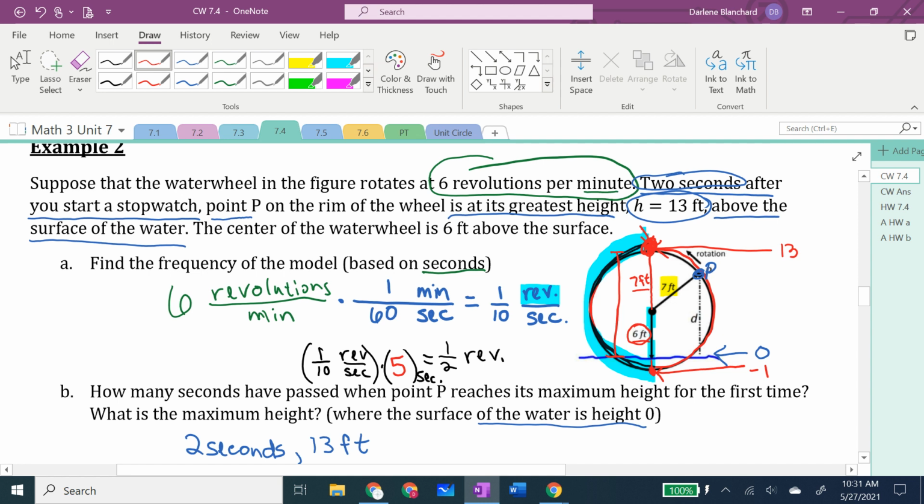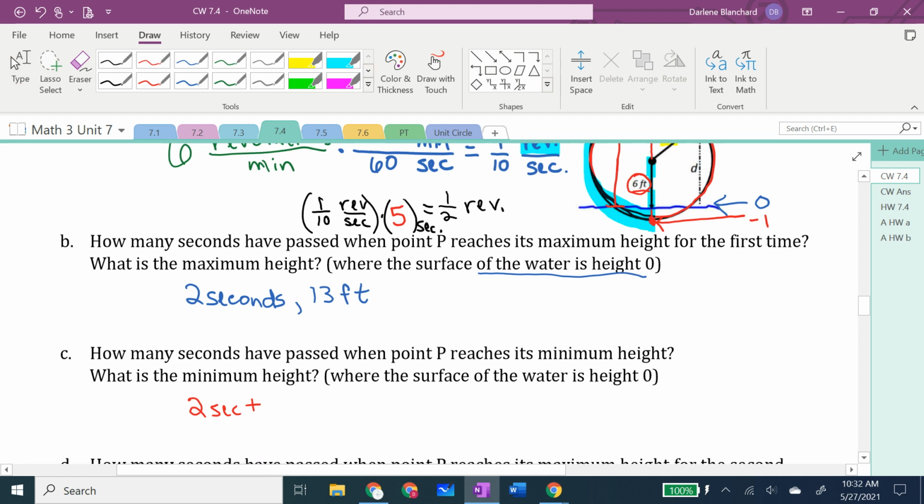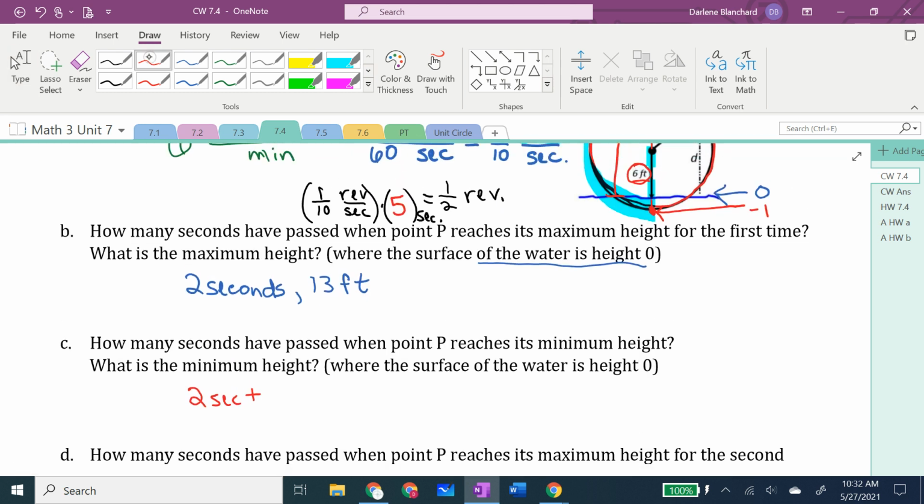That's one way to look at it, but it's not the only way to look at it. So that means that it takes 7 seconds from where we start time to reach the minimum height, and the minimum height is -1.